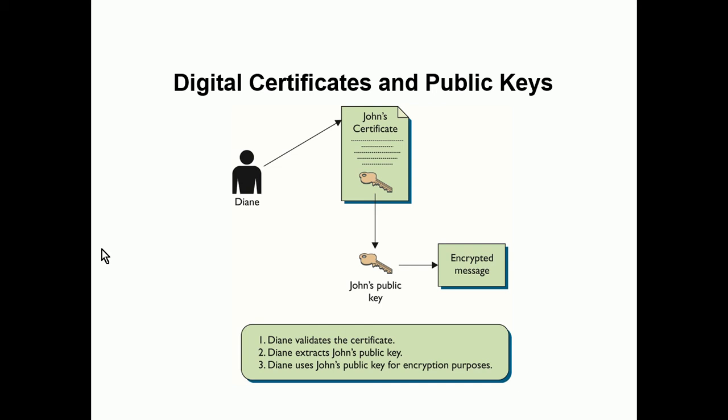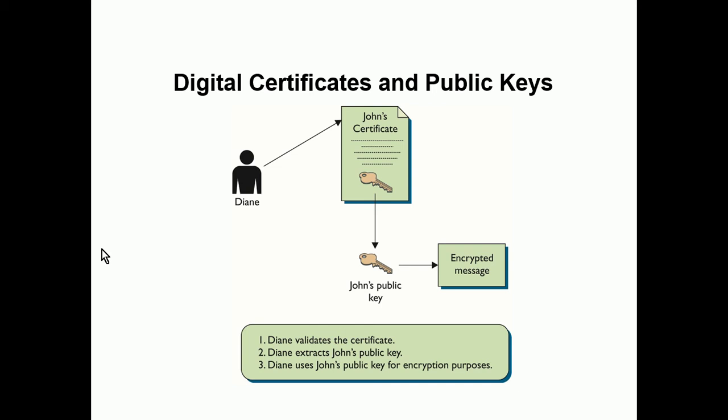So basically, take some simple communication. You have a user, in this case Diane, who wants to send a message. Diane gets a certificate from John. John presents a certificate, sort of like I would present my driver's license to a police officer to identify myself.